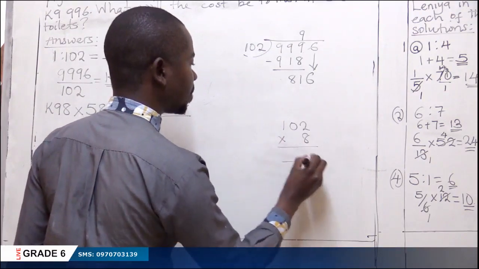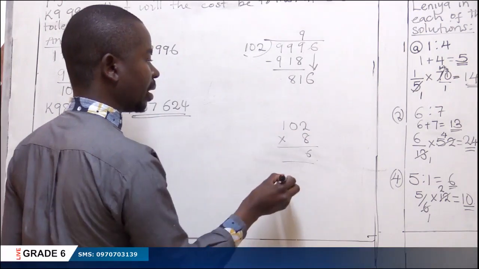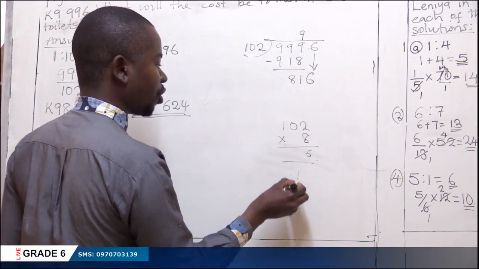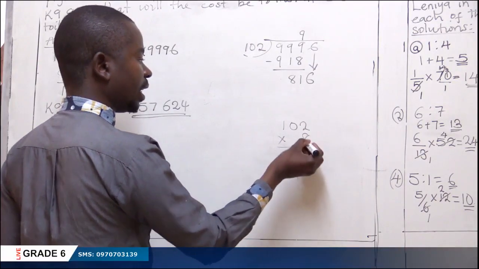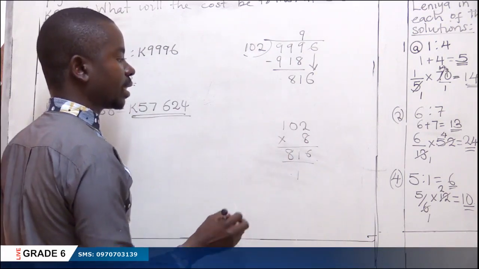So 8 times 2, the answer is 16. So 6 carry 1. 8 times 0 is 0, plus 1 is 1. 8 times 1 is 8. So the answer is 816.